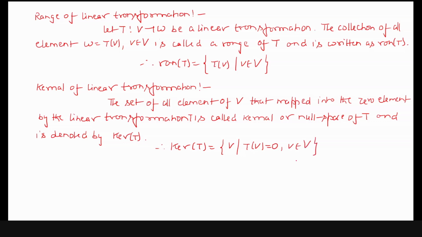So the set of all elements of V, where T is a linear transform from V to W, such that T of v is equal to 0, that is called a kernel.